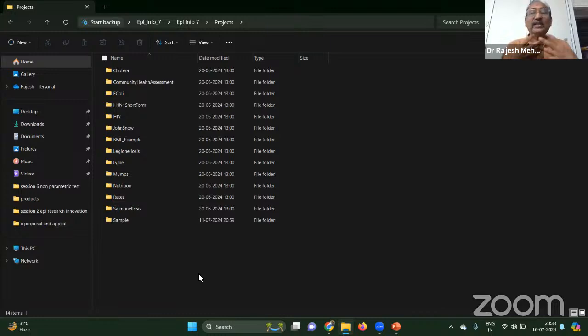But when you create a database, you try to link that database later on. And for that, you need to have a key variable. Key variables should be common to various database files so that you can relate them when it comes to data analysis. So a relational database is very important.